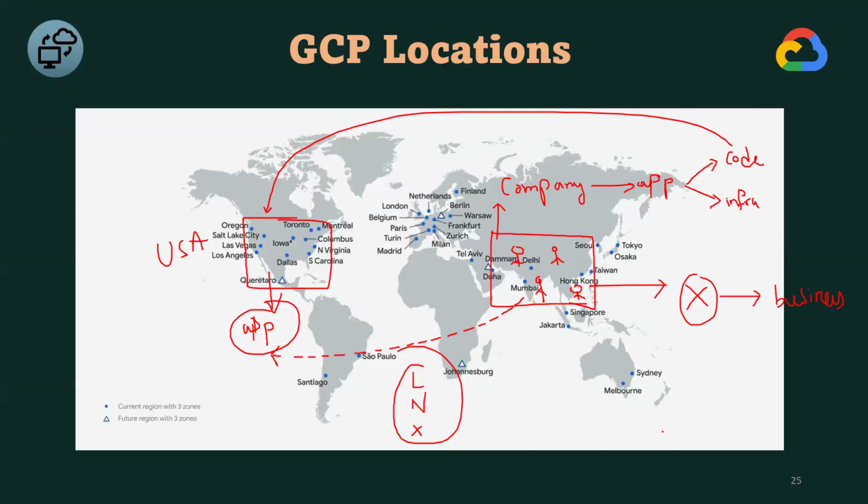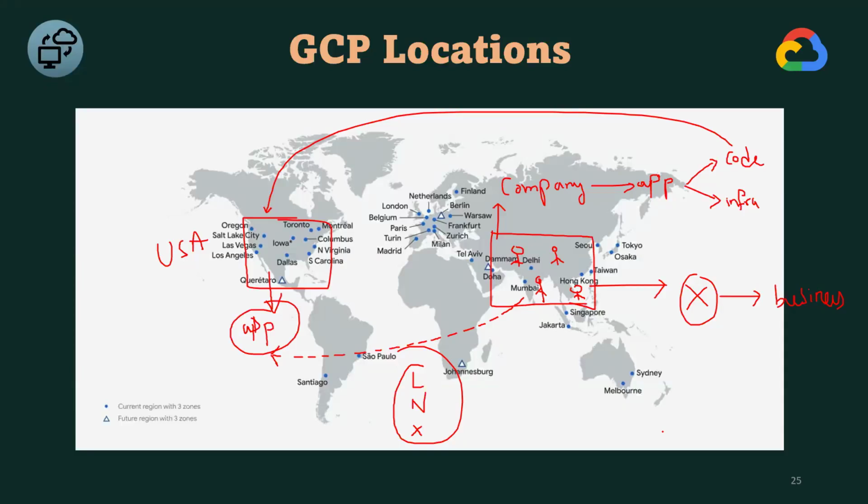You have wanted to create an application, but no one is using it. You have spent a lot of money deploying your application, but no one is using it because of a location issue. This is what happens, guys.